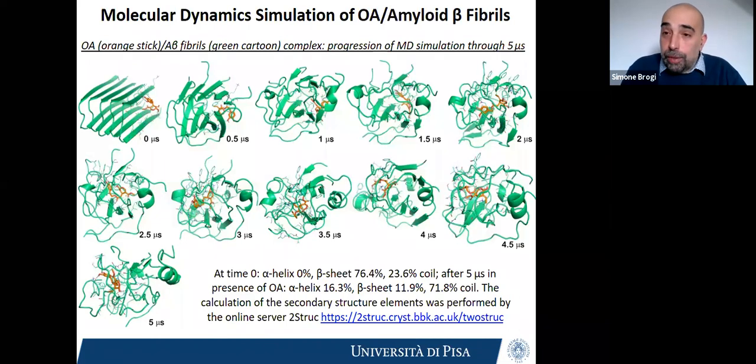The reduction of the beta sheet content is a crucial step for reducing the cytotoxicity induced by amyloid beta fibrils, and also the reduction of toxic oligomers and toxic motifs containing beta sheet motif.